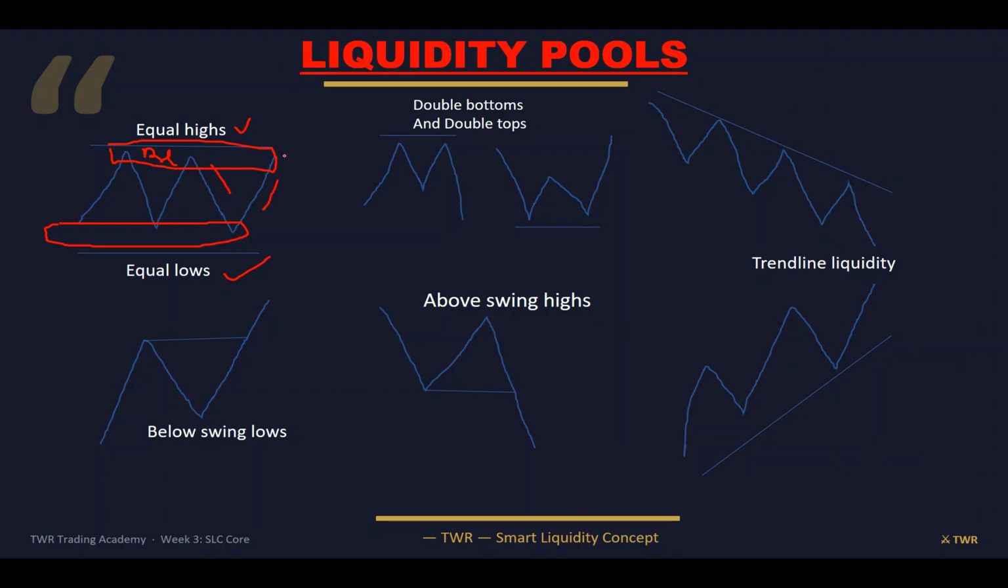So they look to sell at this point, and they place the stop losses right above here. When price comes to this level, retail traders look to buy, and their stop losses are resting below this point. That is why I'm saying that above equal highs and below equal lows, there are lots and lots of liquidity pools.